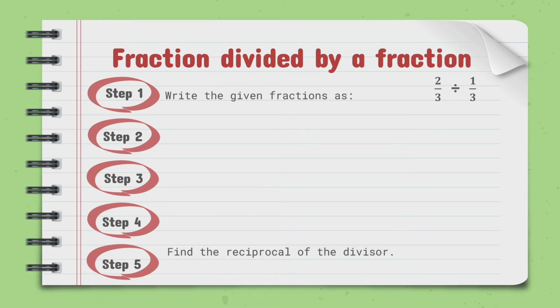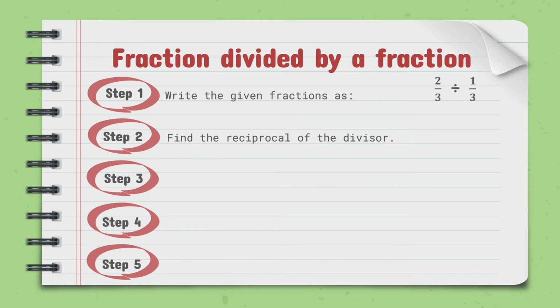Step 2, find the reciprocal of the divisor. The divisor again is the second fraction. So from 1 over 3, it becomes 3 over 1. So now we have 2 over 3 divided by 3 over 1.